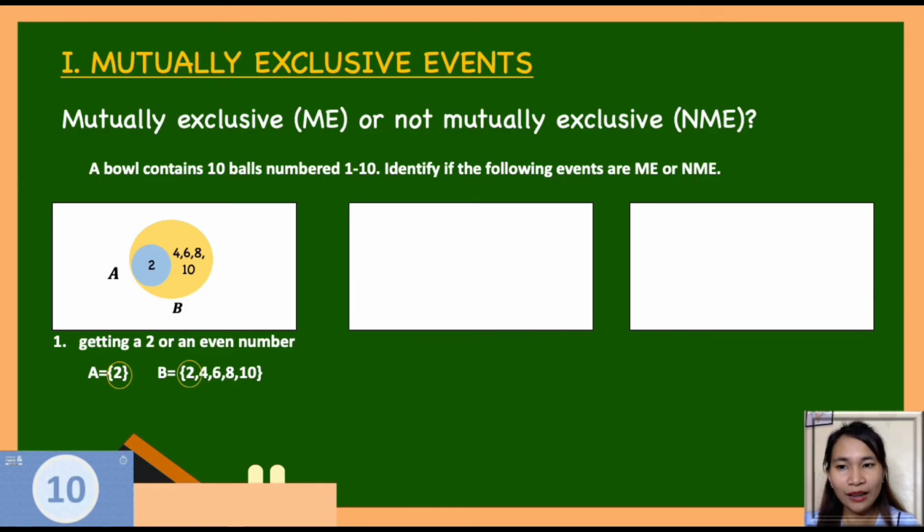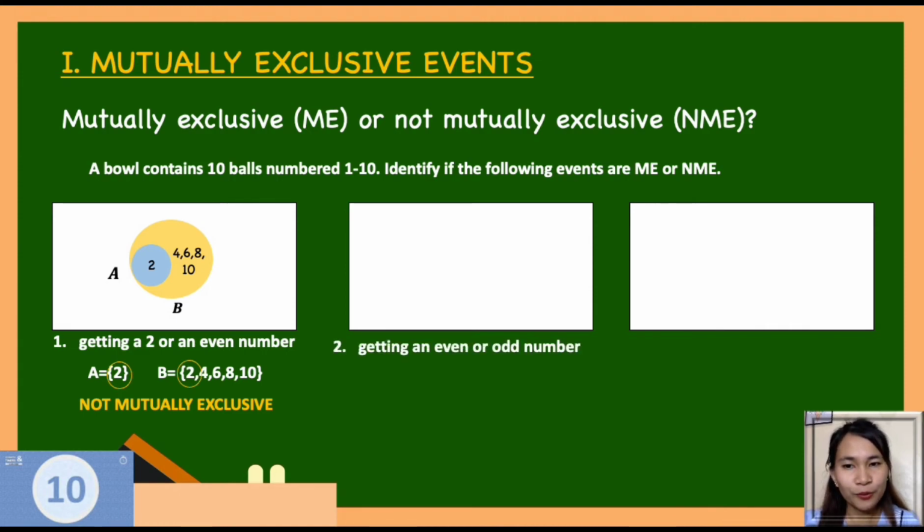Also take note, the numbers we have in B only are 4, 6, 8, and 10, because we already have 2 in A, which is also inside B. So they are not mutually exclusive events. For number 2, getting an even or odd number. Let A be the set of getting an even number: 2, 4, 6, 8, 10.